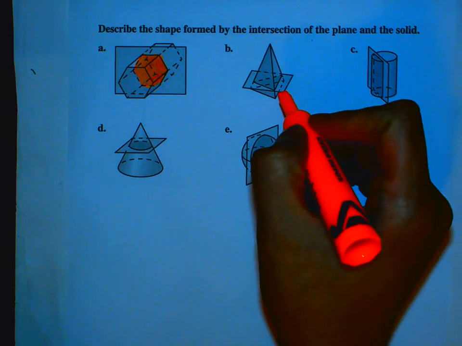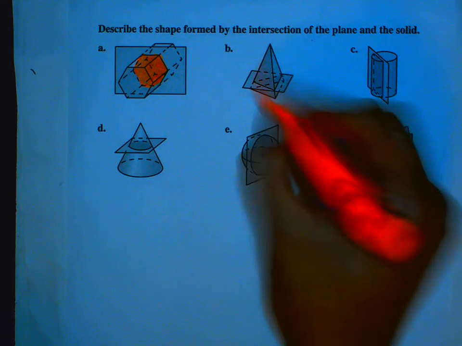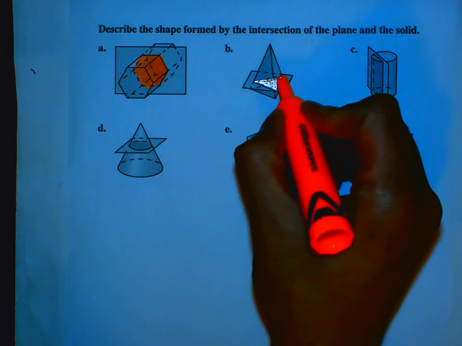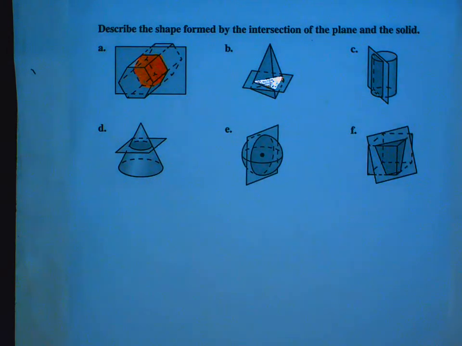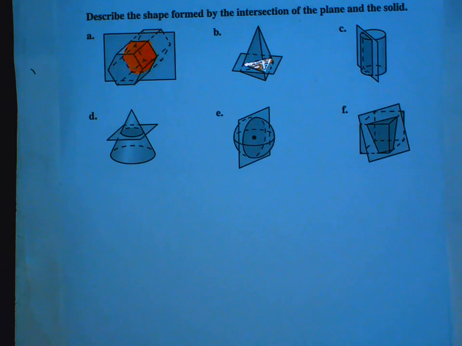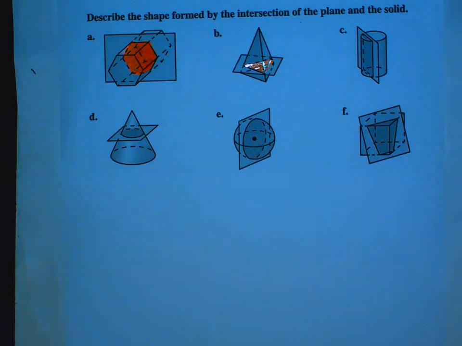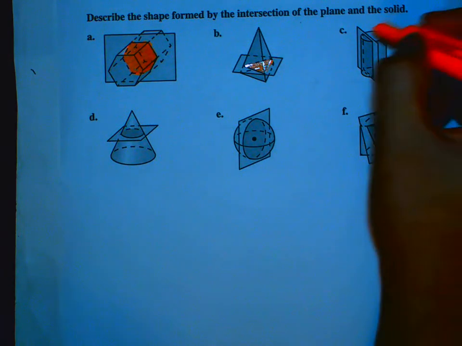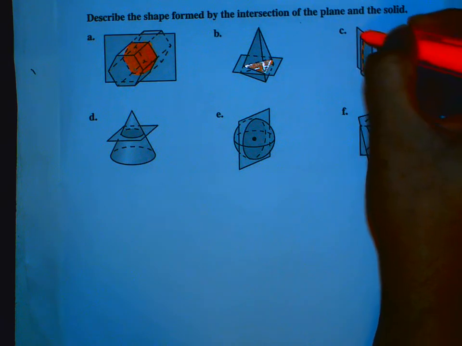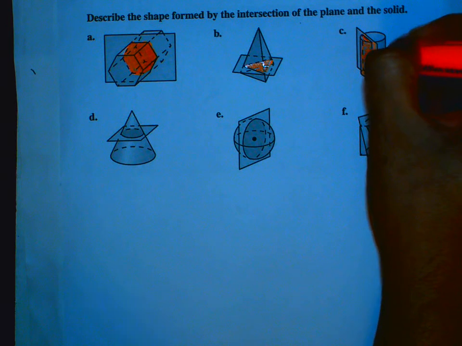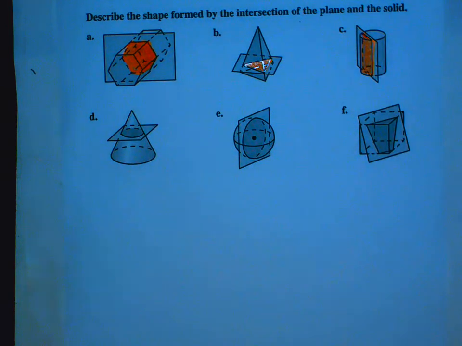Okay, so the shape is a hexagon. Here, you have another prism, or another polyhedra, and the plane intersecting here is creating a triangle. Now, why is that color? Not sure. Now, on the next one, probably can't see it very well, but the shape that it's creating here happens to be a rectangle.